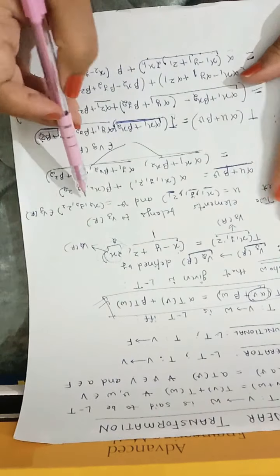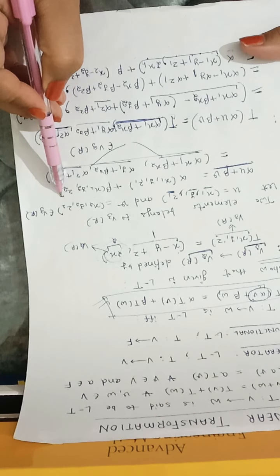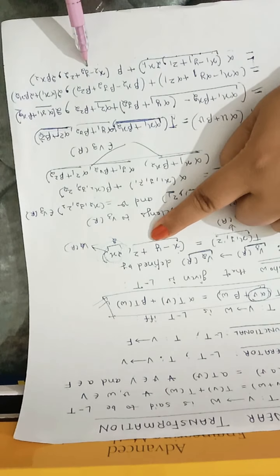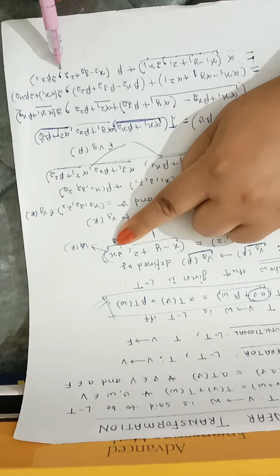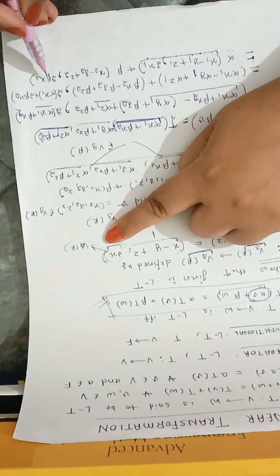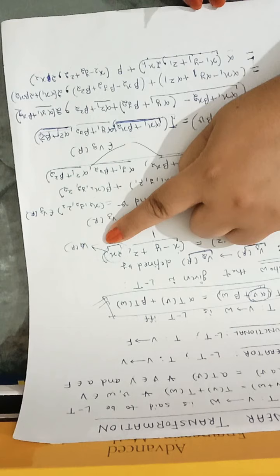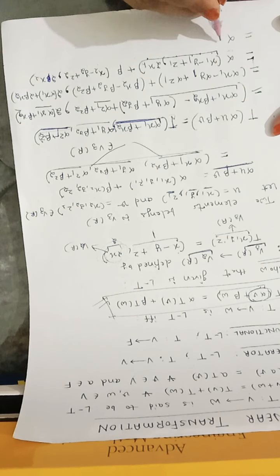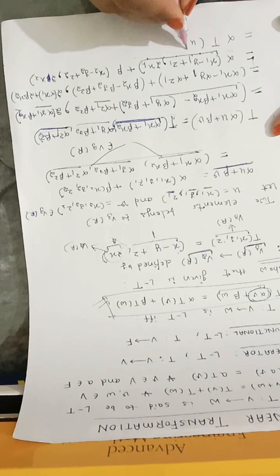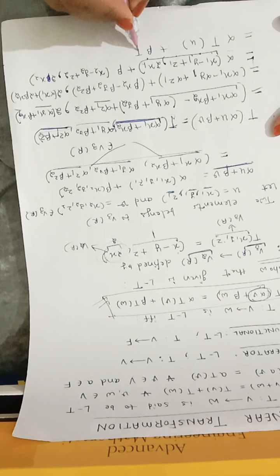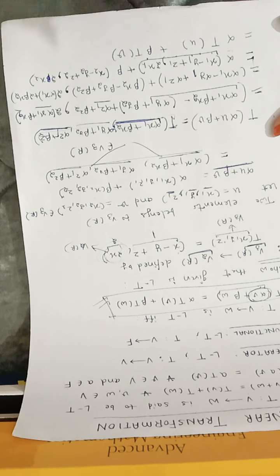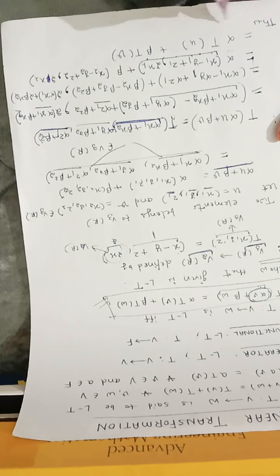Similarly, T of x2, y2, z2 is what? x2 minus y2 plus z2, comma twice of x2. That means this is nothing but alpha T of u plus beta T of v. Right? Thus, T is a linear transformation.